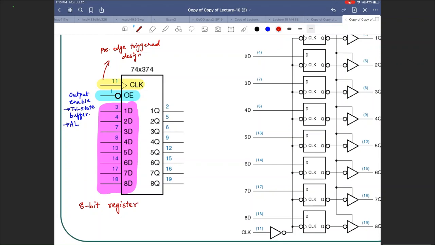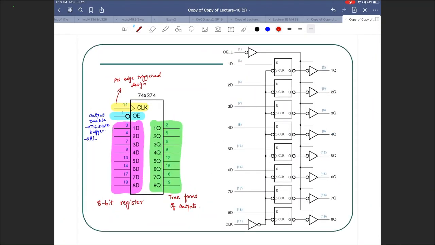Your outputs, earlier we had active low as well as active high outputs. Sorry, we had true and complemented forms. Now you only have true form of outputs, indicating the contents of the register. All right, so now let's take a look at each one of them.